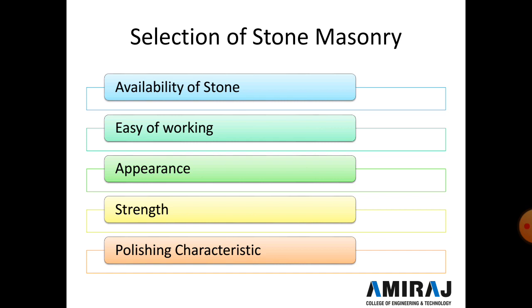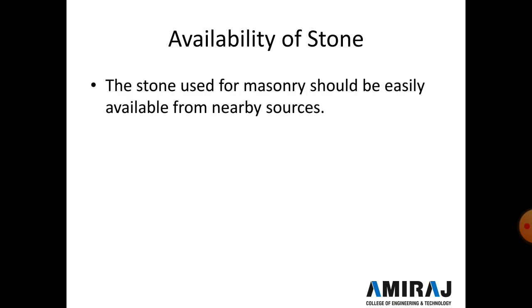First we discuss availability of the stone. The stone used in masonry should be easily available from nearby sources. As an example, in the Rajasthan area stone is easily available from nearby sources, and we use this stone easily by cutting, polishing, finishing and dressing.